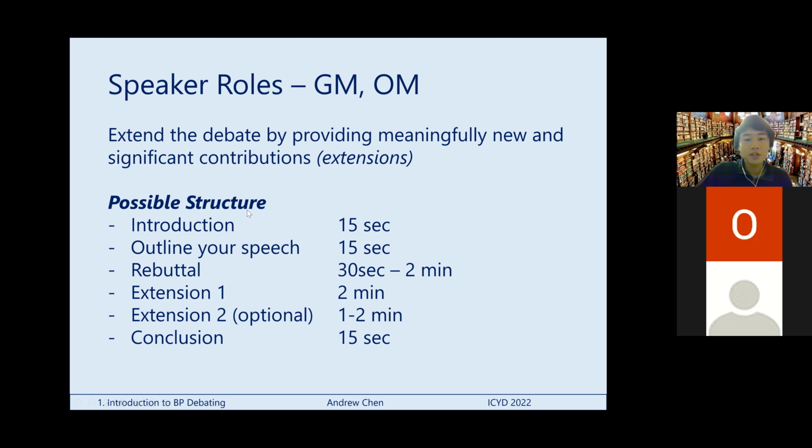So a possible structure for your speech: you'd have your introduction, you'd outline your speech, so maybe like 1 quick point of rebuttal, then 2 extensions, 1 on this, 2 on that. And you want to spend a majority of your speech delivering your extension, because in the vast majority of cases, that's what will decide whether you win the debate or not. And the whip speaker is not allowed to bring in new analysis. We'll see that in a moment.